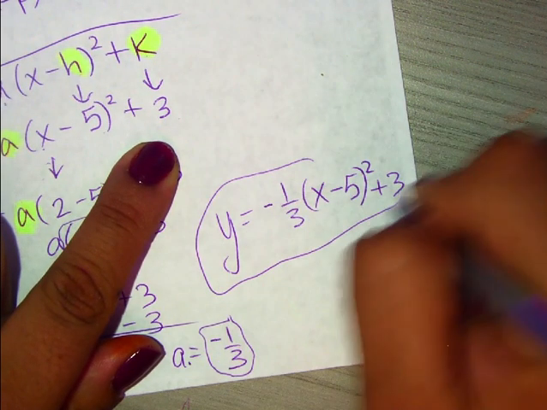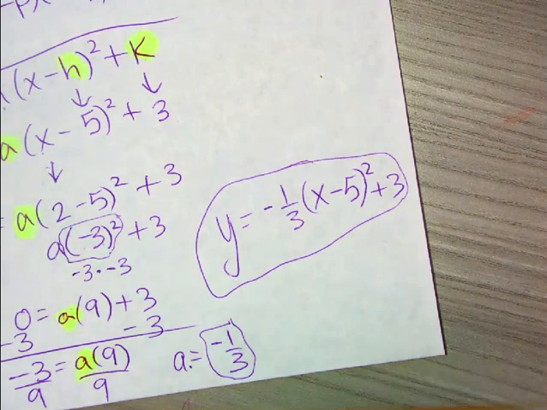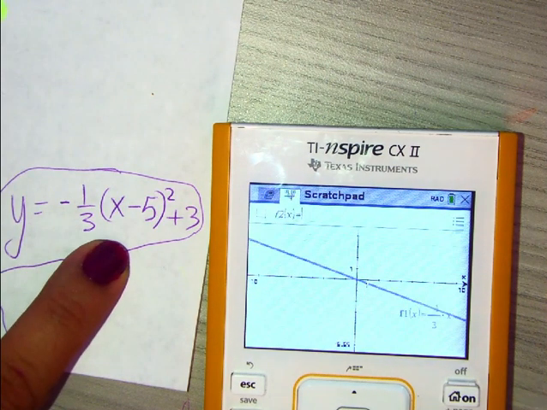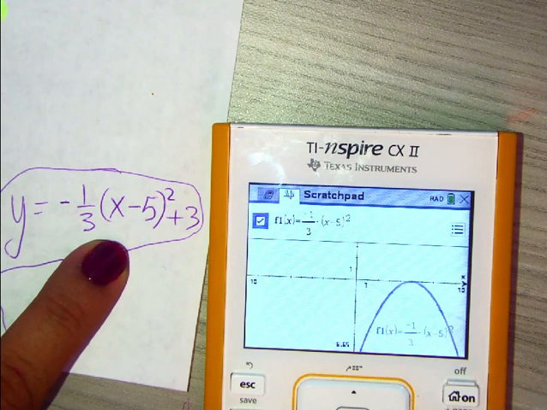So this is the equation that, if I use my calculator and graph it, I'm going to confirm that it matches all the information. So negative 1/3 (x minus 5) squared plus 3.